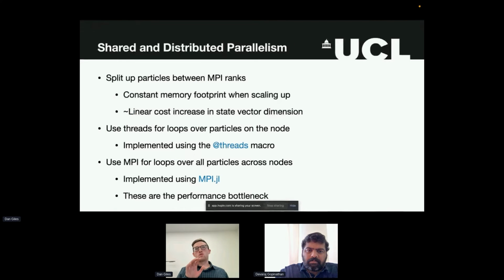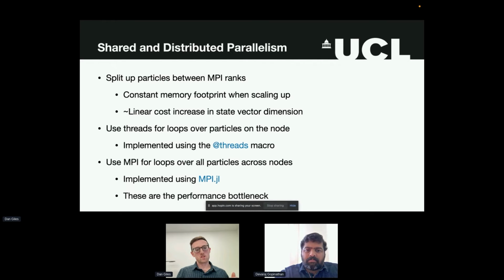We've used two types of parallelization, both shared and distributed parallelism. We can split the particles up across various MPI ranks. This offers a constant memory footprint when scaling up, so you can just add more ranks, and it gives an approximate linear cost increase in the state vector dimension. Once we start doing the MPI gather and collects, the cost does start to increase as the state vector dimension increases.